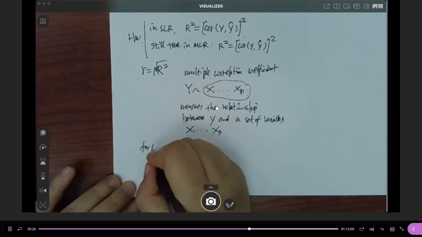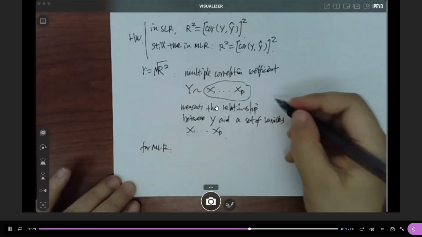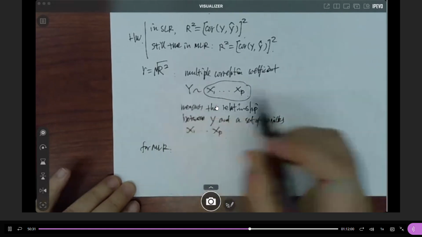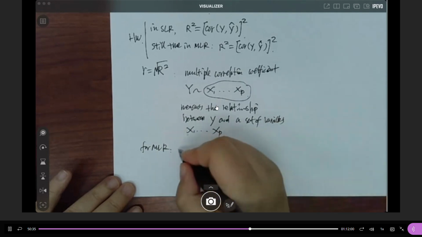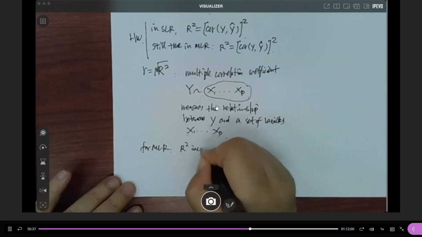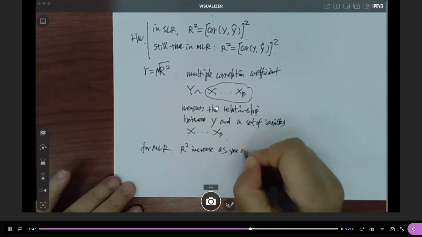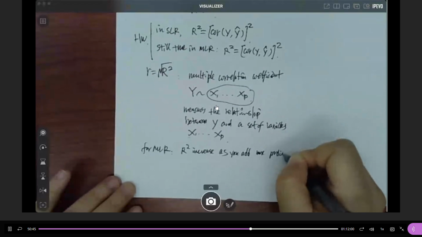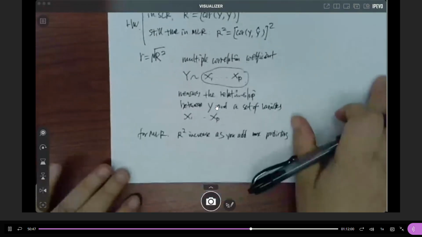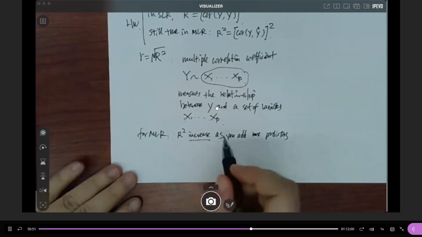If you use a different model and add more predictor variables, R squared always increases. So R squared will always increase as you add more predictors.